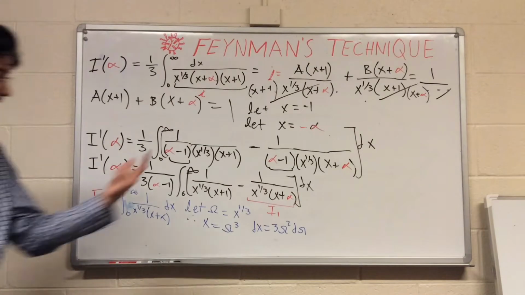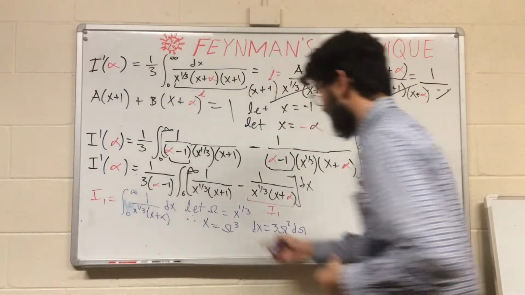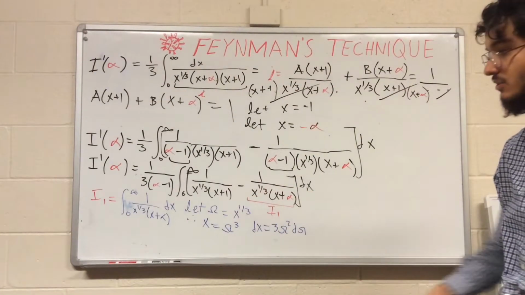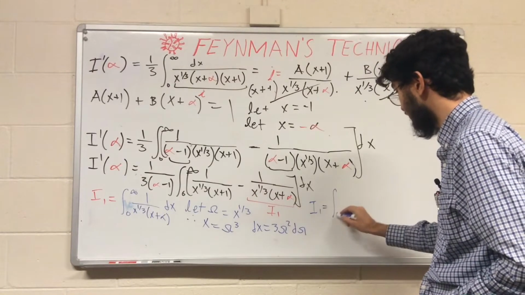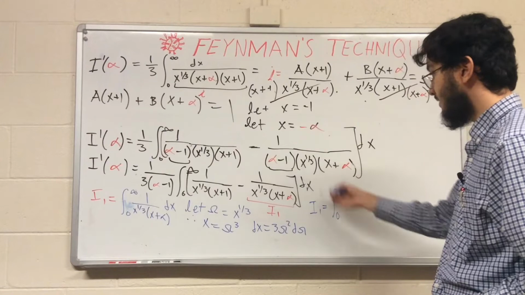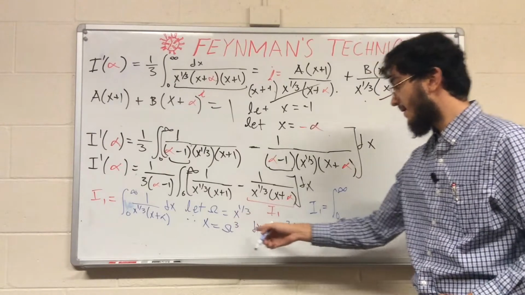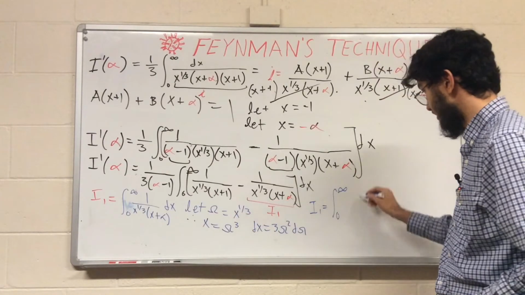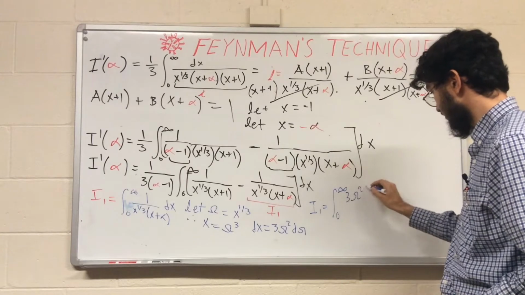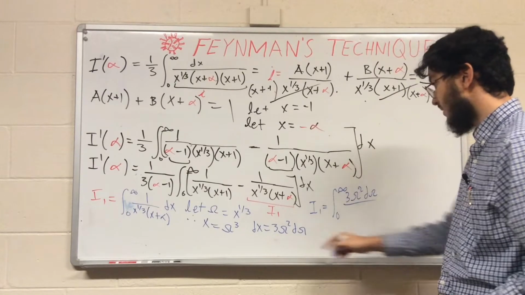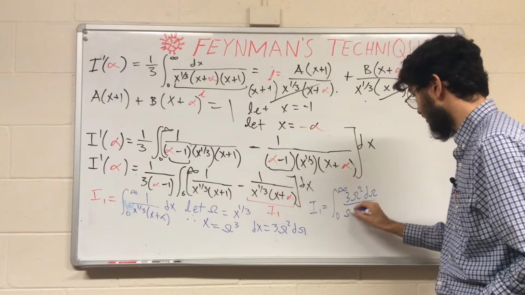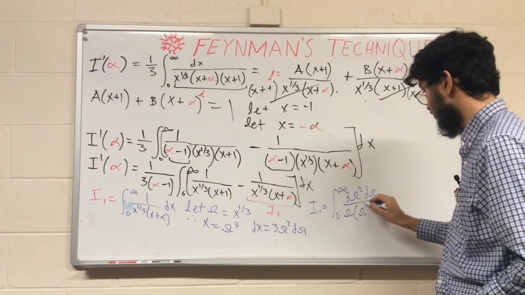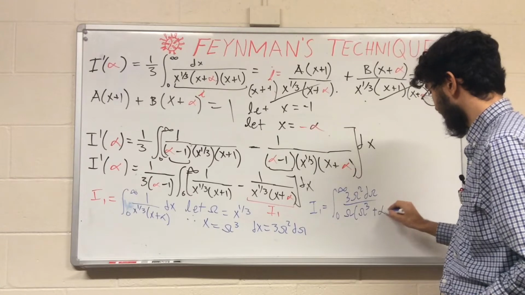Okay, in that case, we can substitute this whole system into our integrand, and we get that I1 is equal to the integral from 0 to infinity of dx, which is nothing but 3 omega squared d omega, divided by x to the 1/3, which we said was going to be omega, multiplied by omega cubed plus alpha.